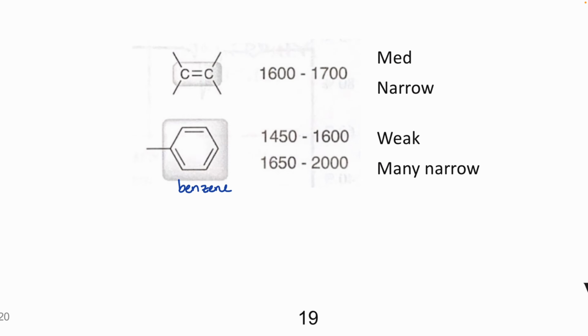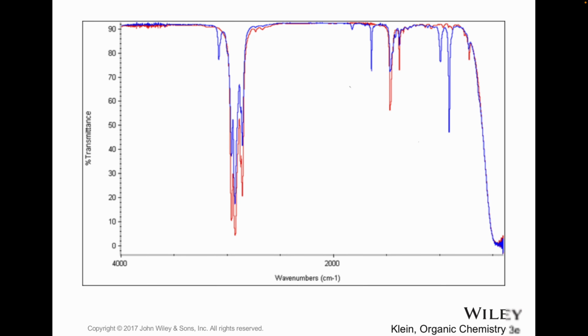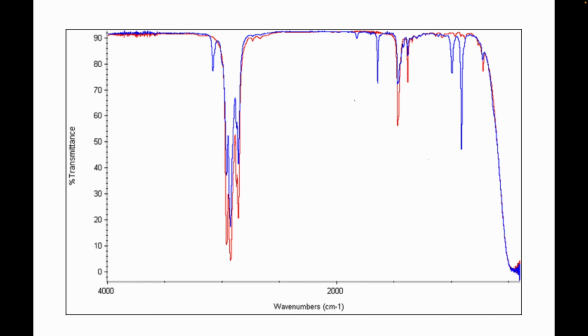We're going to take a look at this spectrum here, and this is actually two spectra laid on top of one another. In red, we have an alkane, and in blue, we have an alkene, so a carbon-carbon double bond.